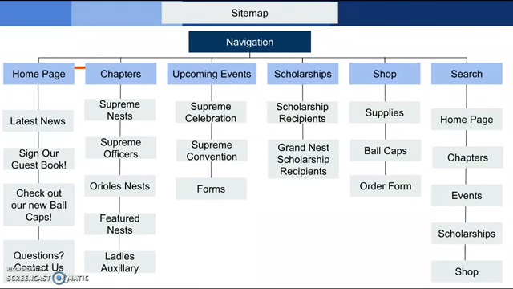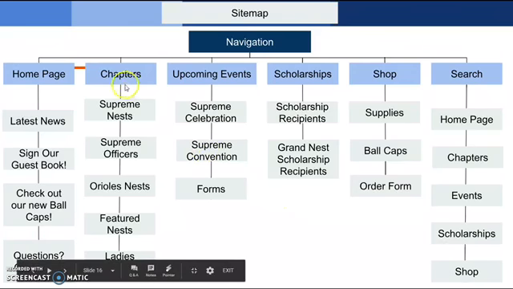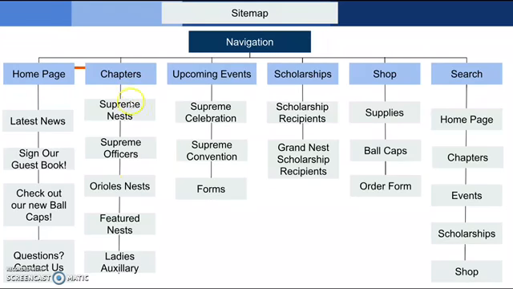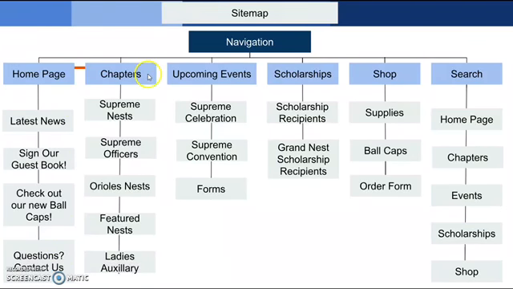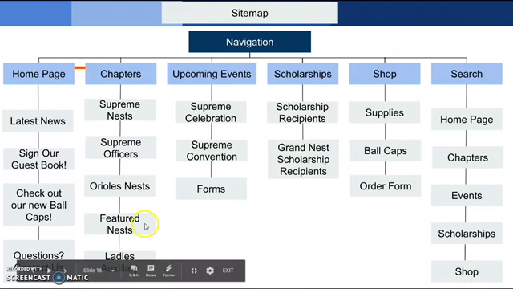The sitemap shows, again, the navigation and parts of the websites that will be under each category. Homepage would have latest news, sign our guest book, check out our new ball caps, and questions, contact us. Chapters would include Supreme Nests, Supreme Officers, Orioles Nest, Featured Nest, and Ladies Auxiliary.